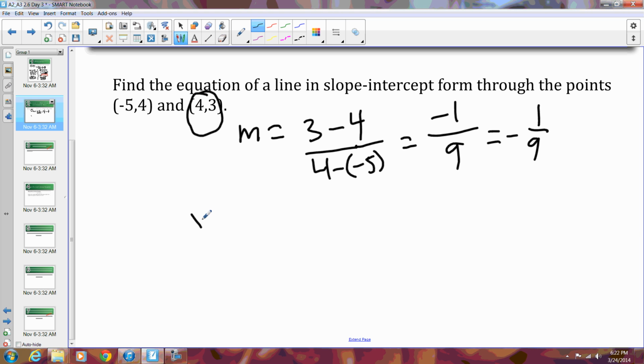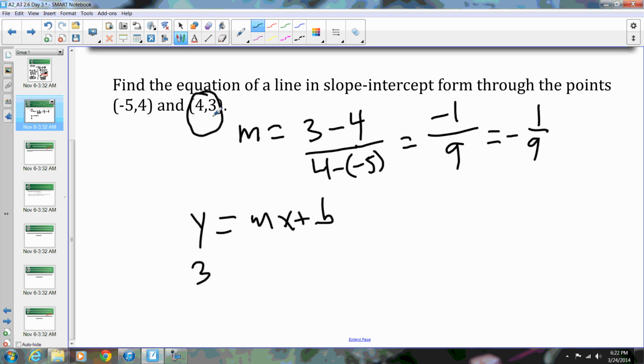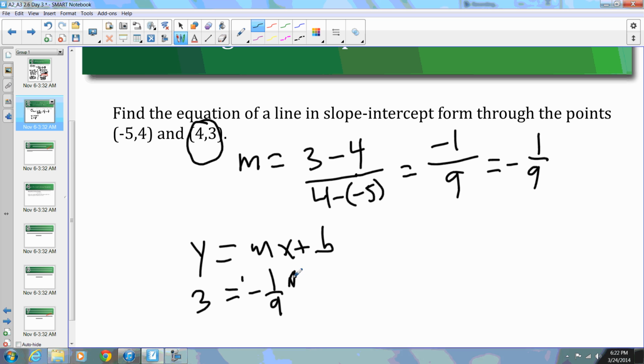I'm going to put it into slope intercept form. So y is equal to mx plus b. I know my y, that's 3, that's this y coordinate up here, is equal to negative 1/9, the slope that I found and calculated, times x, 4, whoops, plus, ooh, that is not looking right at all.